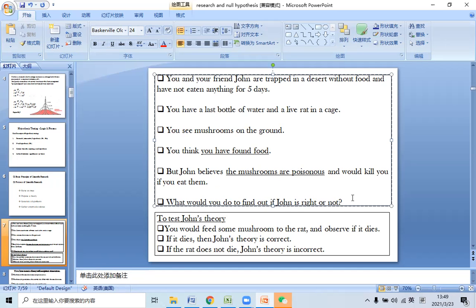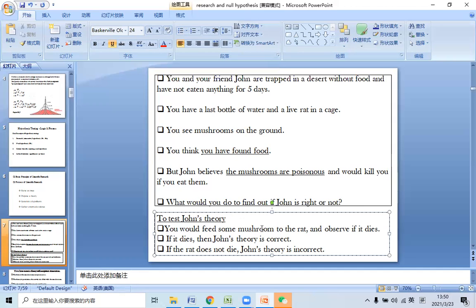So John's idea is a research hypothesis. He proposes that those mushrooms are poisonous. It would kill you. It would kill people. That's his idea. You are trying to test this idea. Is this a true idea or false idea? You can call this idea a theory. The mushrooms are poisonous. So this is a theory. And how would you test the theory?